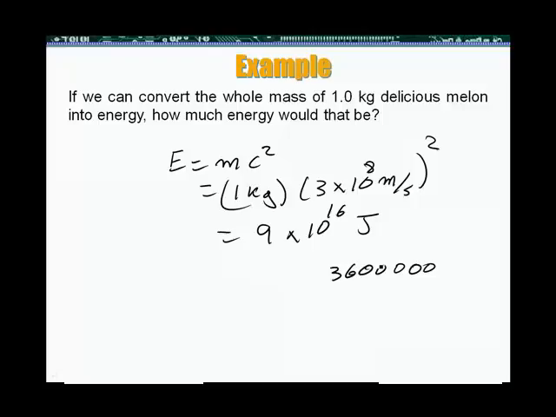So if we divide the amount that we have, 9 times 10 to the 16, by 3,600,000 joules, what do we get? That gives us 2.5 times 10 to the 10 kilowatt hours.